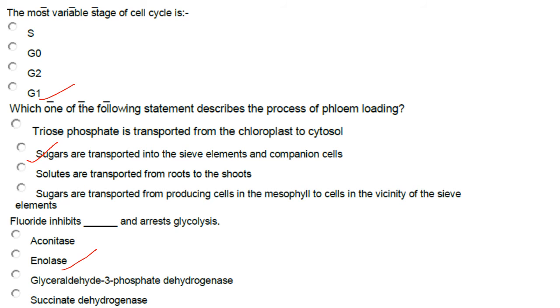So, phloem loading is the process of loading carbon into the phloem for transport to different sinks in plant. The movement of photosynthates, that is products of photosynthesis, from mesophyll cell to phloem sieve elements of mature leaves is known as phloem loading.